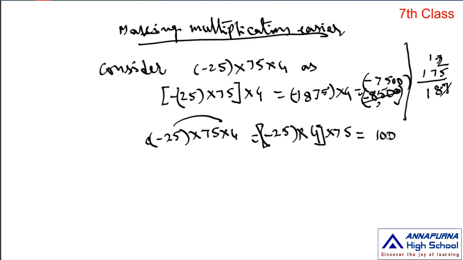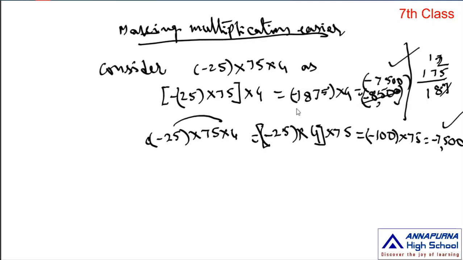The product of negative and positive is negative, so minus 100 into 75 is equal to minus 7,500. Here we got the same answer.